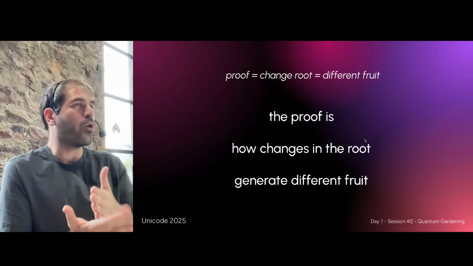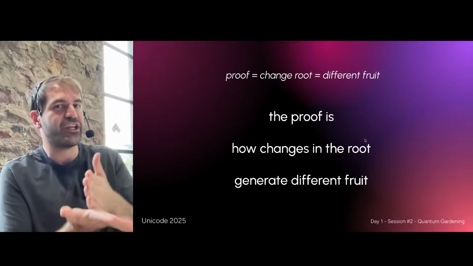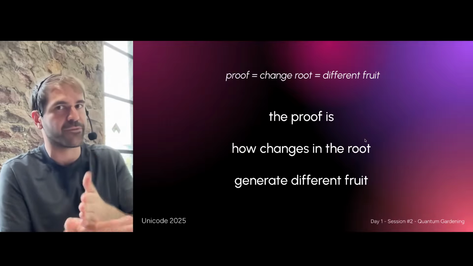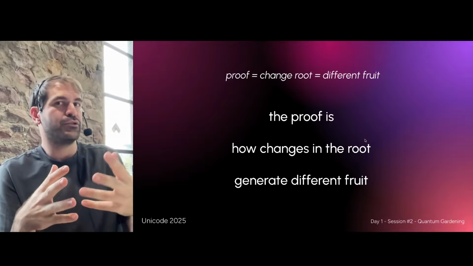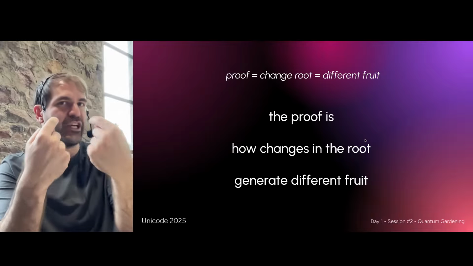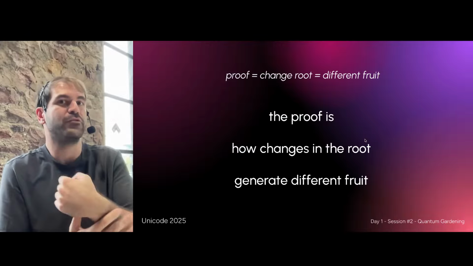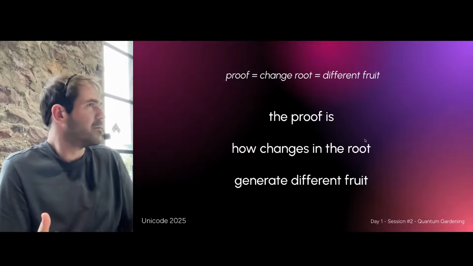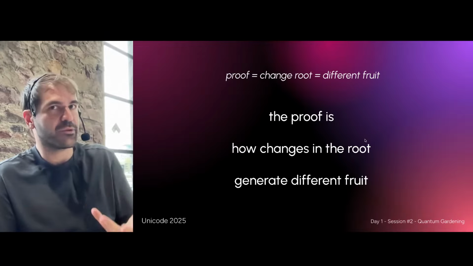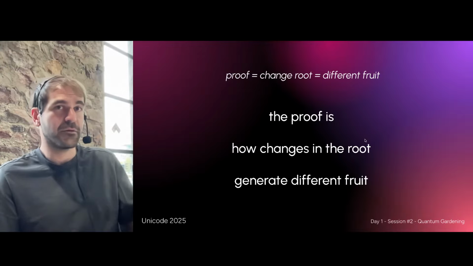And those sessions are all about how changes in the root generate different fruit. So if your theory can't tell me how I can make changes in my root and that will generate a different fruit of my appearance, then you don't have a theory. It's not an actual theory of consciousness or reality.